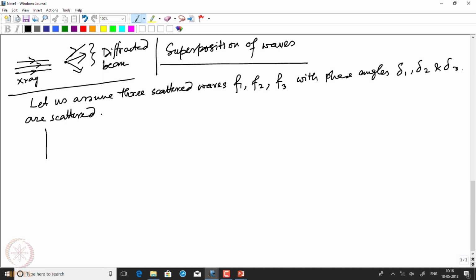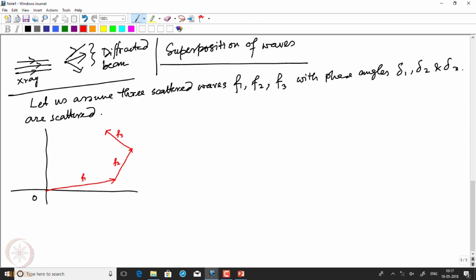In a vector space diagram, we can represent these three waves in this way. Suppose this is F1, this is F2, and F3 is in a different direction like this.